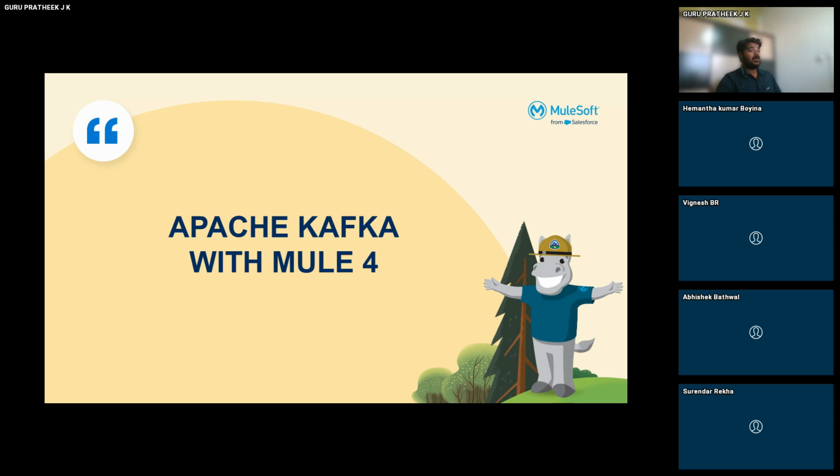Also some important terms related to Kafka that we need to understand, and a demo. And at the last, we'll talk about design considerations: whenever you're designing a Kafka application, especially in Mule 4, what are the things you have to consider.